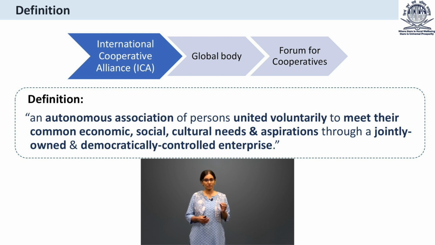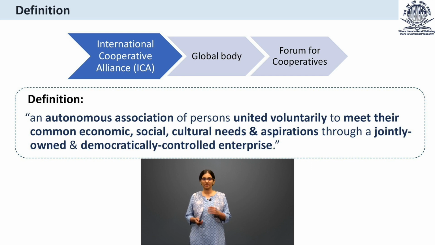An autonomous association of persons united voluntarily to meet their common economic, social and cultural needs and aspirations through a jointly owned and democratically controlled enterprise. I repeat, an autonomous association of persons united voluntarily to meet their economic, social and cultural needs and aspirations through a jointly owned and democratically controlled enterprise.